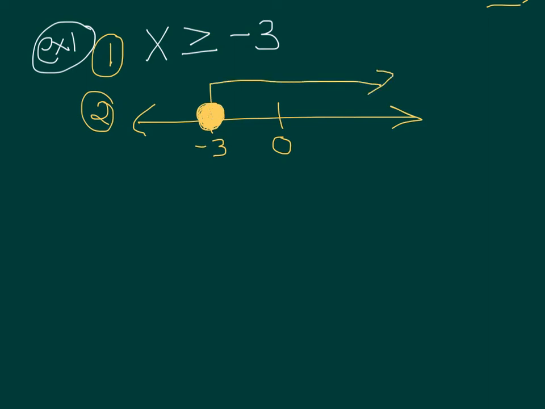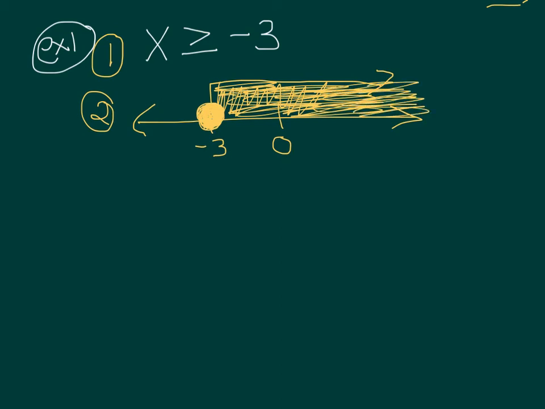And greater than means go to the right of the number line, which makes sense, right? 0 is greater than -3, so this should be included in my solution. So I shaded my solution, and anything under this bar will be a solution to x is greater than or equal to -3.